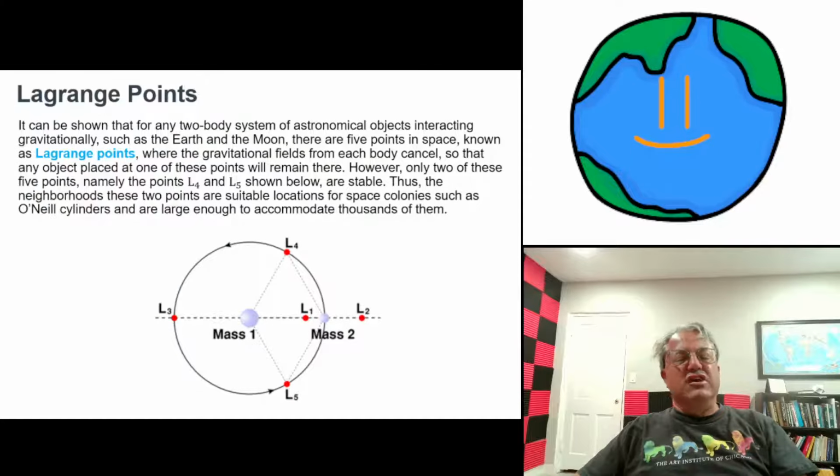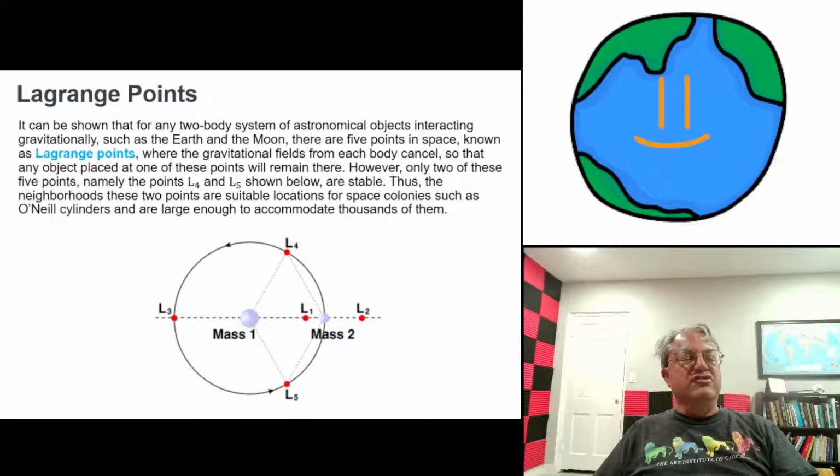Anyway, I want to talk about the details of these space colonies that O'Neill had in mind. Where would we build them? Where would we put them? It turns out that what O'Neill had in mind, and I think a number of other astrophysicists and space visionaries have imagined, is putting them at these points called Lagrange points.